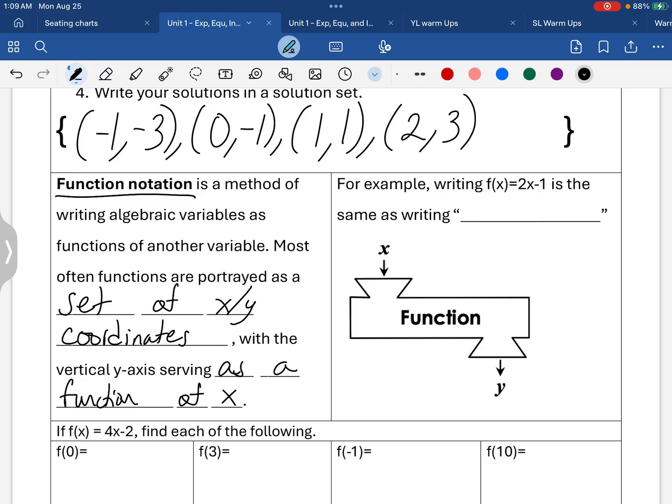So, for example, writing f of x equals 2x minus 1 is the exact same as us writing it as y equals 2x minus 1. Those are saying the exact same thing. Don't get caught up in that.